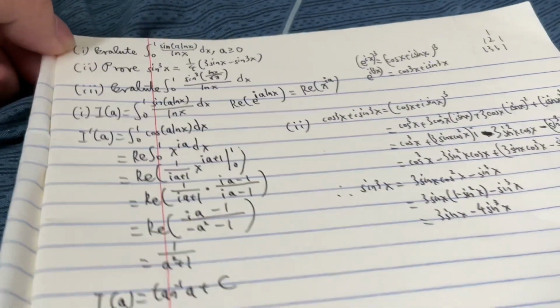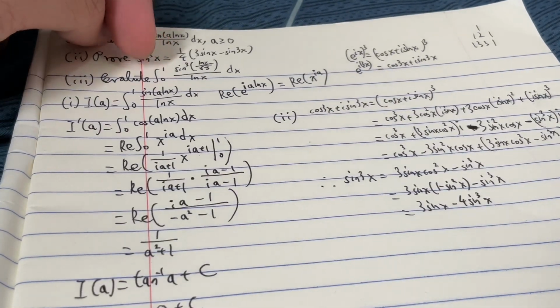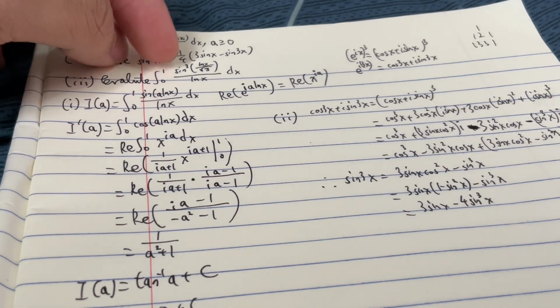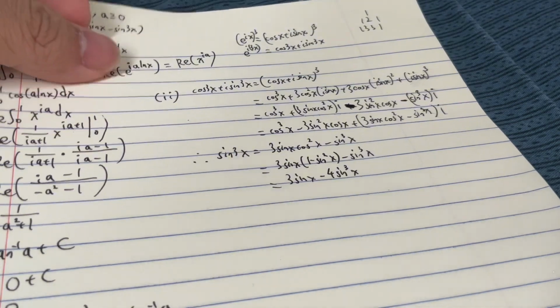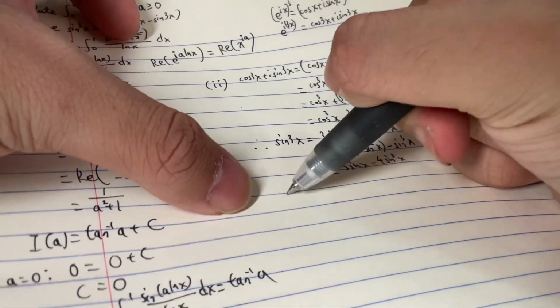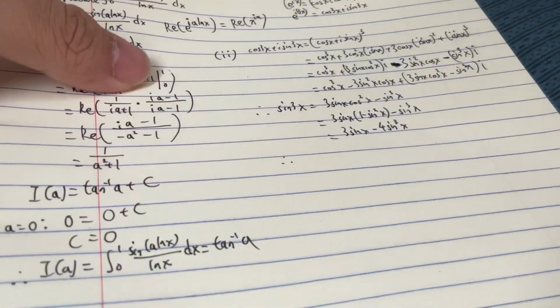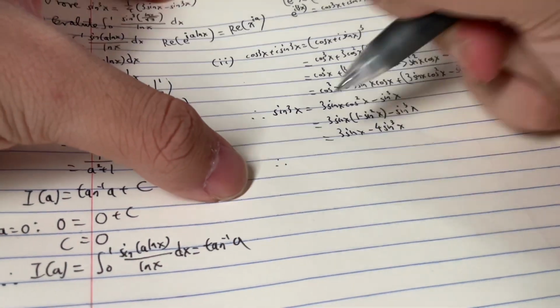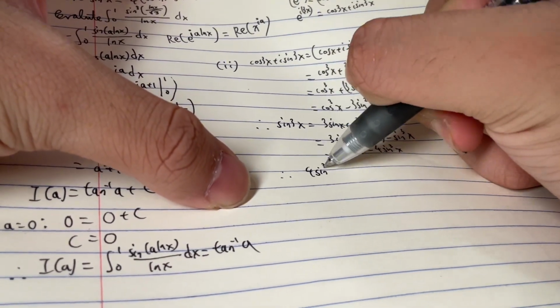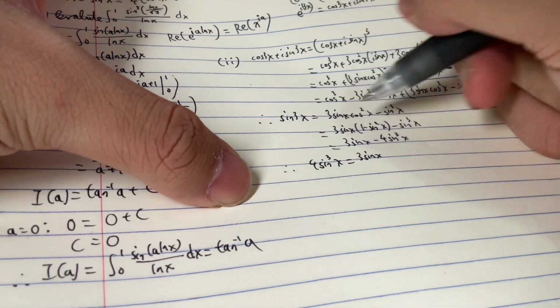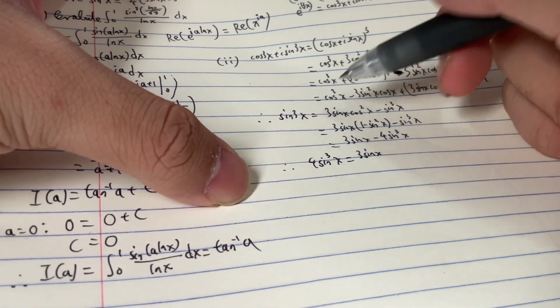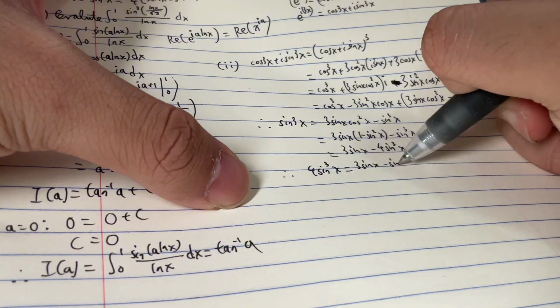So the original question needs us to prove sine cubed x is equal to this. So let this be our subject. Therefore, 4 times sine cubed x is equal to 3 sine x, and then we distribute and subtract sine 3x from both sides.